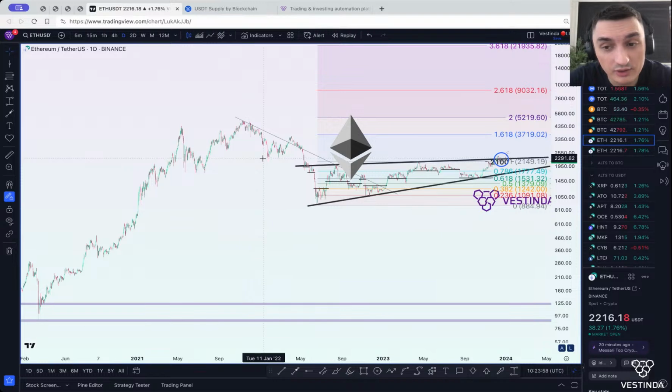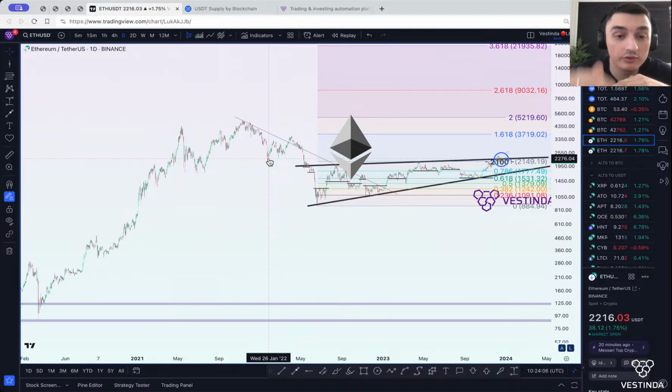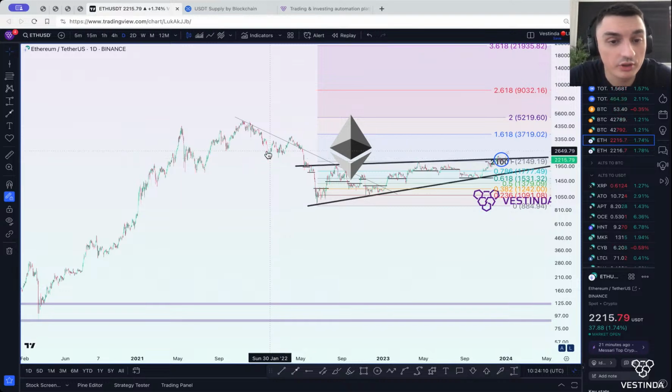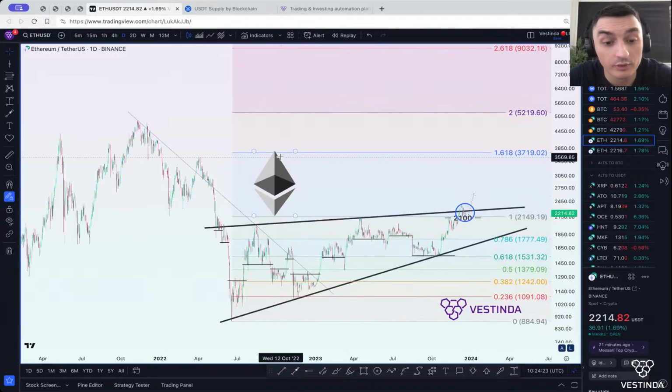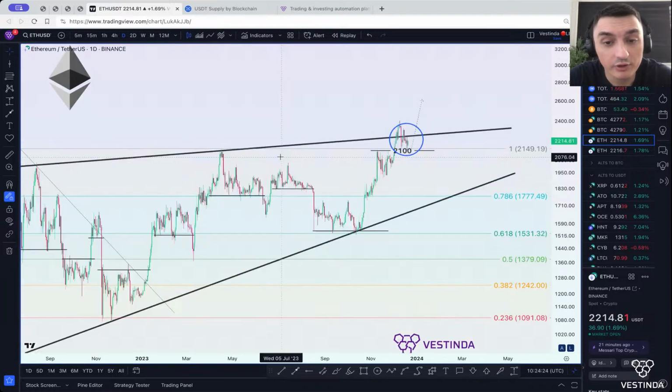So this level is really strong, and it's an area of levels like 2100, 2200, which served as support and resistance for Ethereum a couple more times in 2021 and 2022 as well. So this level is really crucial.